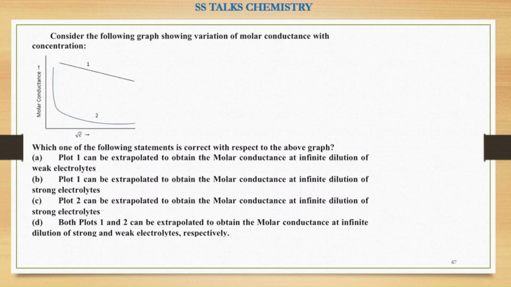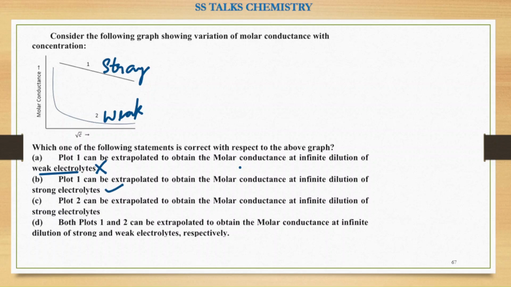Next you have this. Again, from that graph only, the question is there. The first one is for a strong electrolyte, and the second one is for a weak electrolyte. Statement 1 says plot 1 can be extrapolated to obtain the molar conductance at infinite dilution of the weak electrolytes. It's not for the weak, it's for the strong electrolytes. The second says plot 1 can be extrapolated to the molar conductance at infinite dilution of the strong electrolytes.